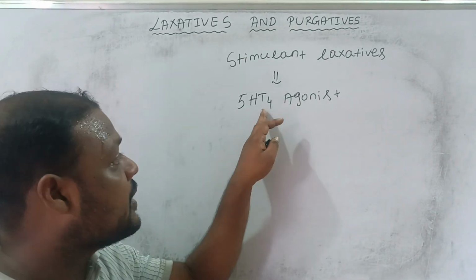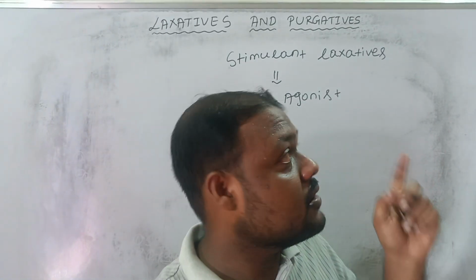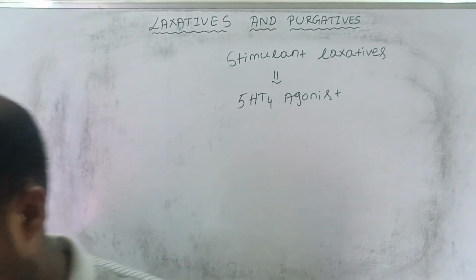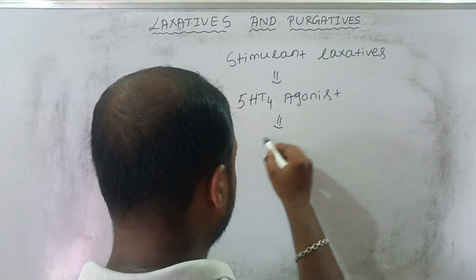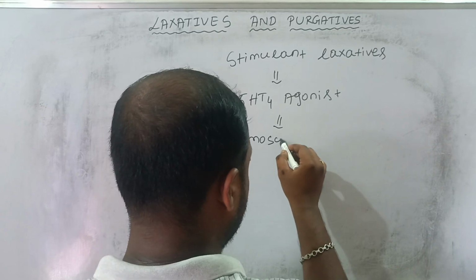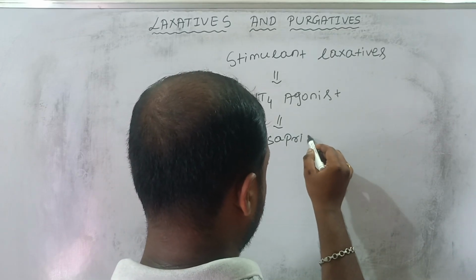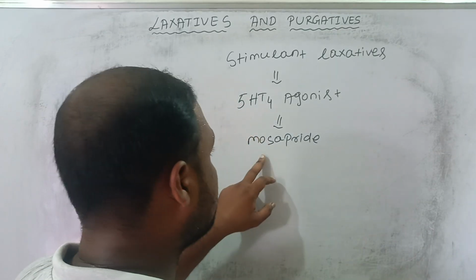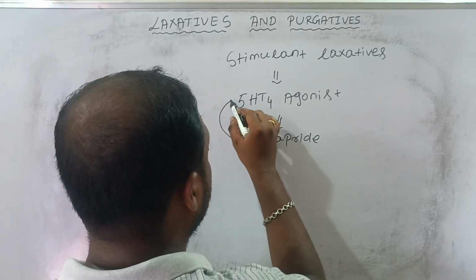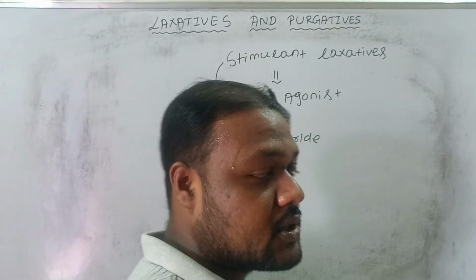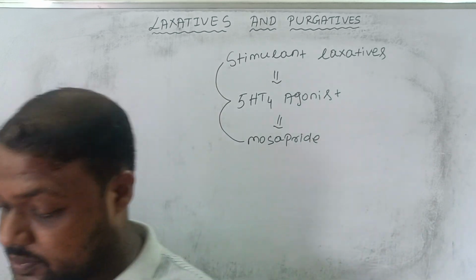The 5-HT4 agonist drug is mosapride. Mosapride is a 5-HT4 agonist and is called a stimulant laxative.